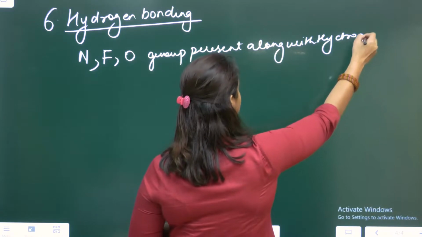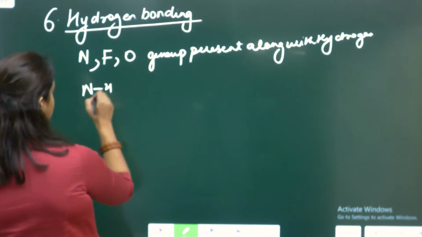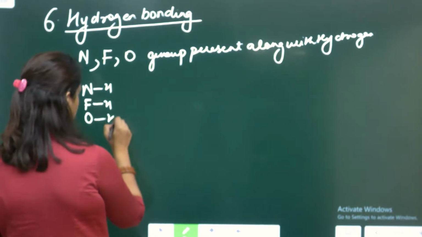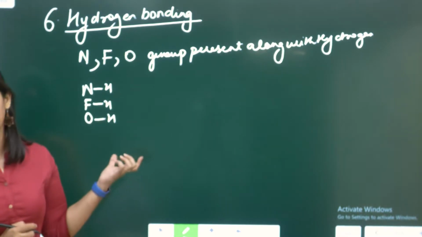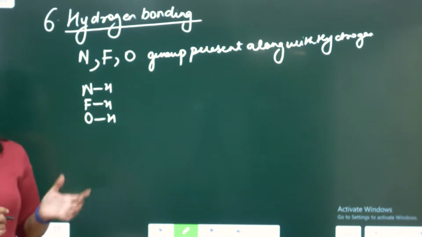So how should it be present? As NH, FH or OH. If these three bonds are not present, then no hydrogen bonding will be shown.